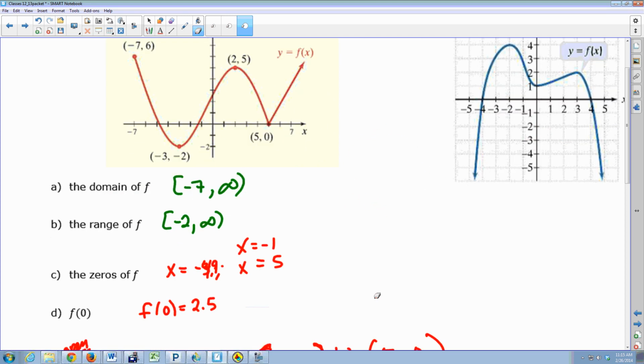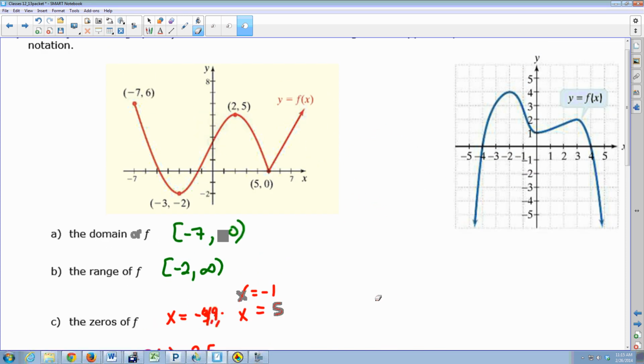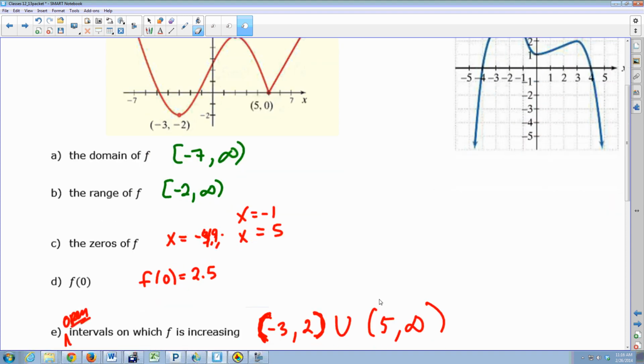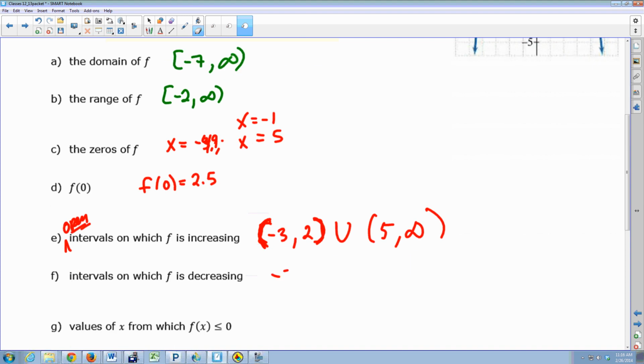So where is my function decreasing? -7 to what, -3? Right. So -7 to -3 is one of the open intervals.